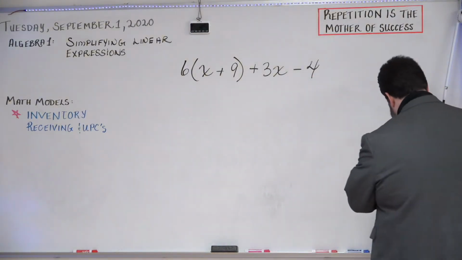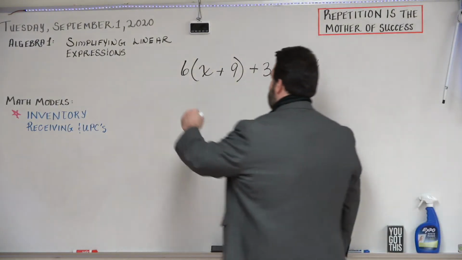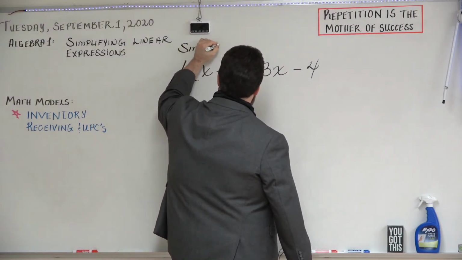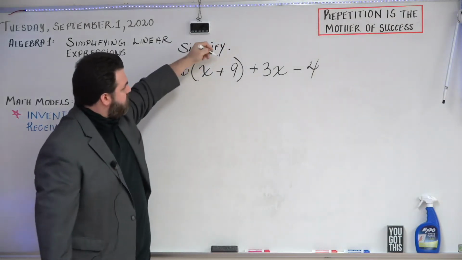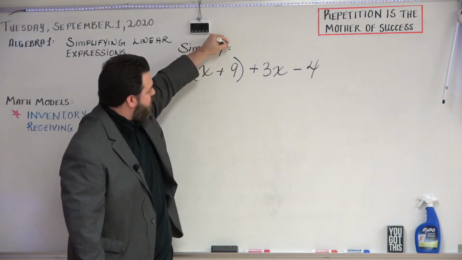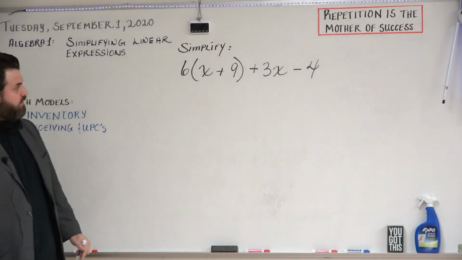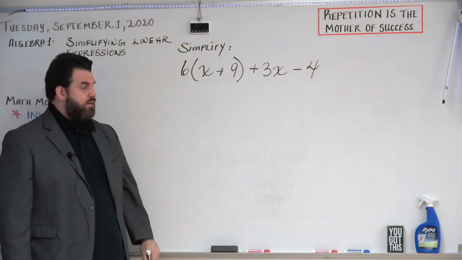All right, there's our problem. And what we're being asked to do in this problem is to simplify. And the cruel joke is simplifying is always harder than solving. There's no equal sign up here, so you're not trying to find out what x is.